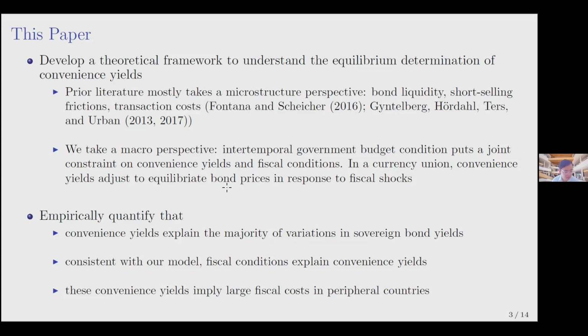Then empirically, we quantify that convenience yields are quantitatively important. They explain the majority of variations in sovereign bond yields. In addition, consistent with our model, fiscal conditions also explain convenience yields, thereby linking this variation in bond price residuals to macro drivers such as fiscal conditions.